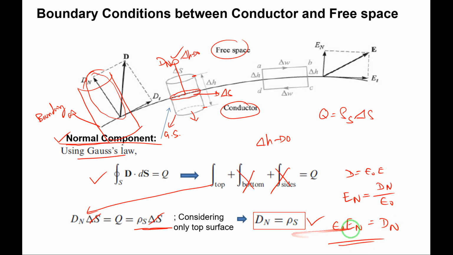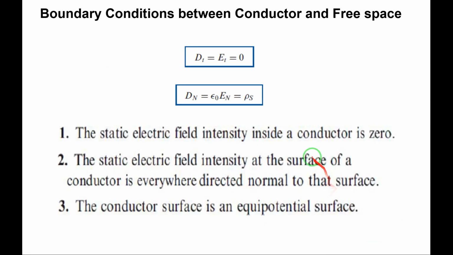Is it fine? So epsilon naught En equals rho S. In the next slide it is written. This is the first boundary condition, and the second boundary condition is Dn equals epsilon naught En, which equals rho S. The first is with respect to the tangential component, and the second is with respect to the normal component.